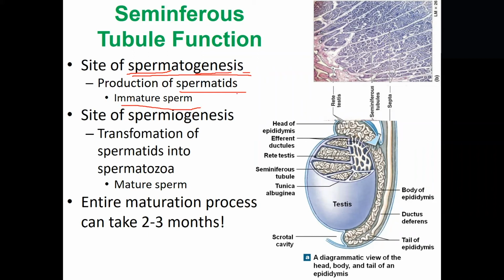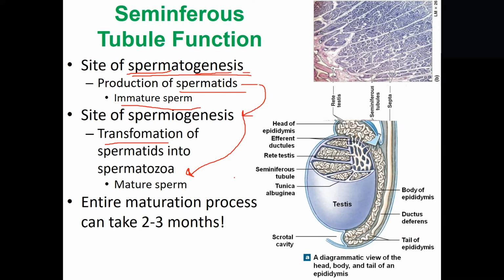So then that spermatid has to undergo a second process called spermiogenesis, where we transform that immature spermatid into the mature spermatozoa. So spermatozoa is the formal term. When most people say sperm cells, they're talking about our spermatozoa. And we're just calling them sperm cells for short.